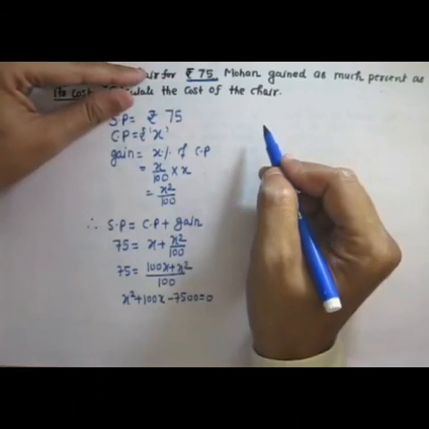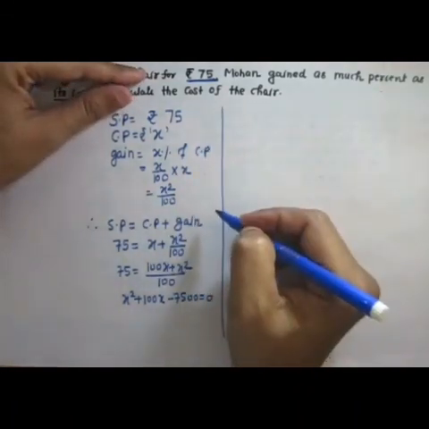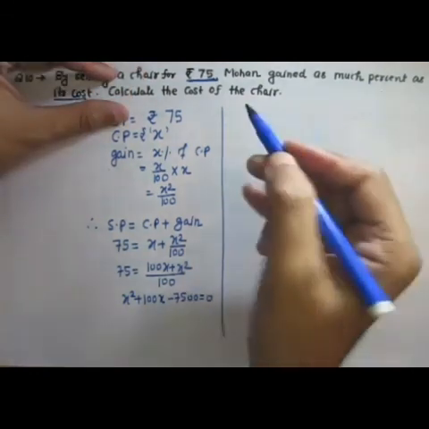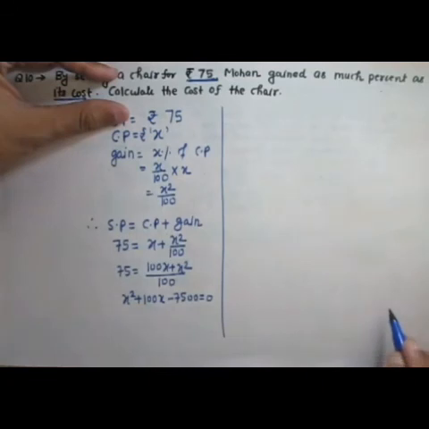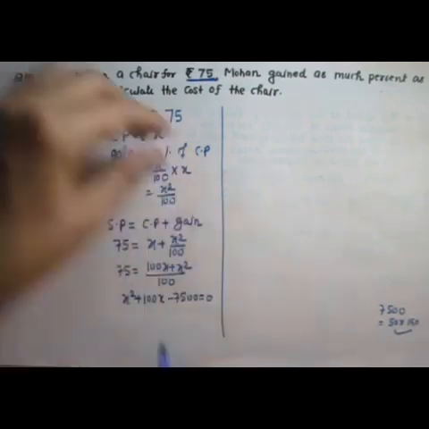So we are getting this quadratic equation. Now we have to solve this quadratic equation. You can solve the equation by any method as you wish. So let me solve. 7500 can be written as 50 into 150, and here the difference is 100.